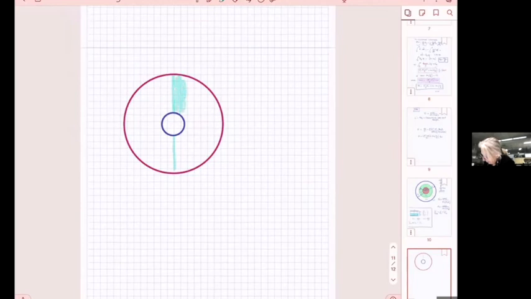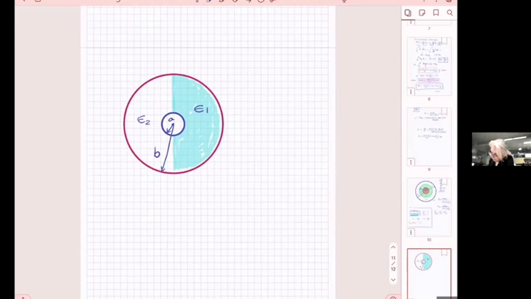One dielectric here, and that is epsilon 1, and another dielectric epsilon 2. That is A, and that is B. How are we going to find this capacitance?